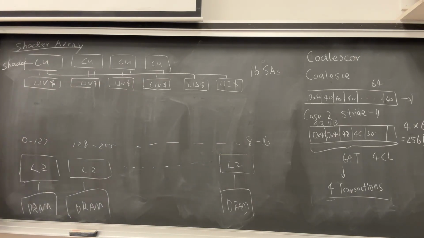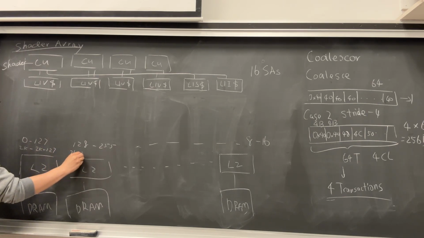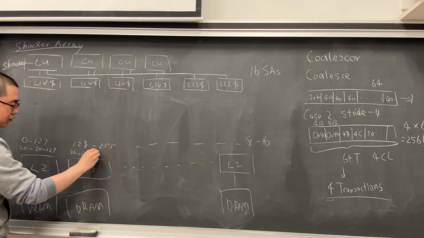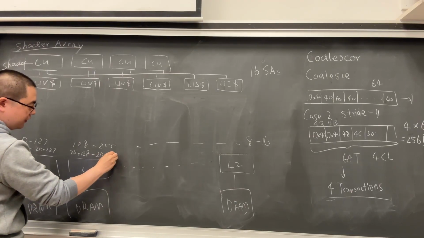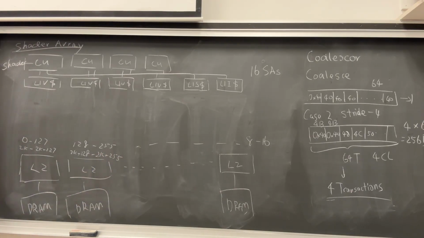Then it goes back to here. If there are 8, then it goes back to 2K to 2K plus 127, then 2K plus 128 to 2K plus 255. So this is interleaving.